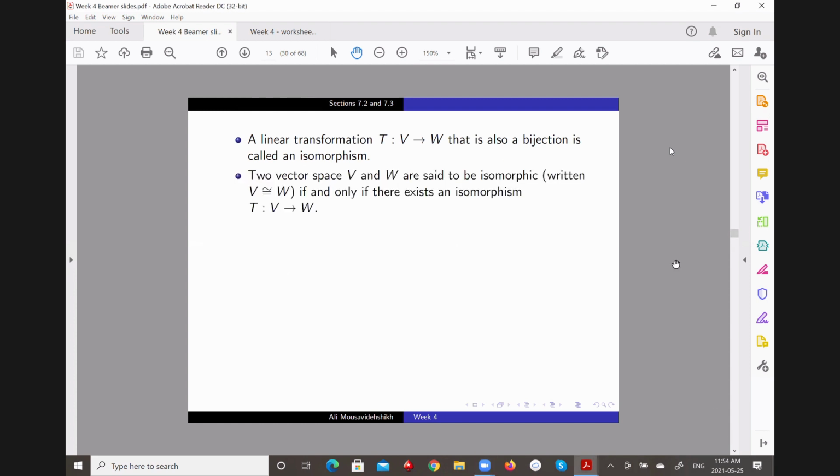Two vector spaces V and W are said to be isomorphic, written with this notation, V with a squiggly sign above the equals, if and only if there exists an isomorphism between them. By the way, this portion, you have to be very careful. When we say two spaces are isomorphic, we mean there is an isomorphism between them. We don't mean every map must be an isomorphism. Everybody clear on that?